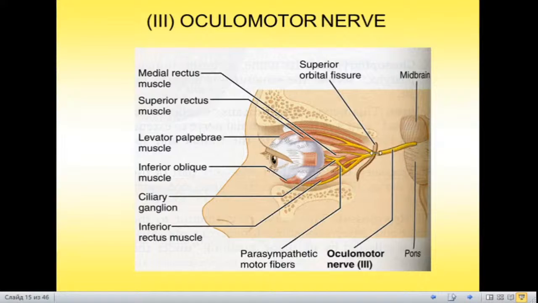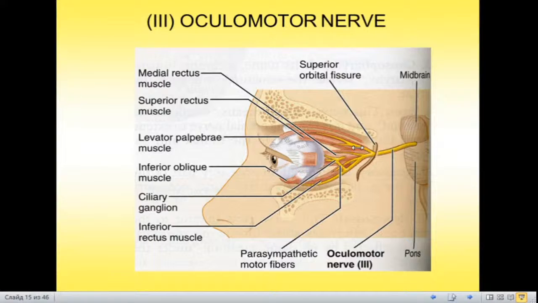Then it exits the skull through the superior orbital fissure and divides into superior and inferior branches. In general, this nerve supplies most of the muscles of the eyeball, such as the levator palpebrae superioris muscle, the inferior oblique muscle, and three rectus muscles except for the lateral one.